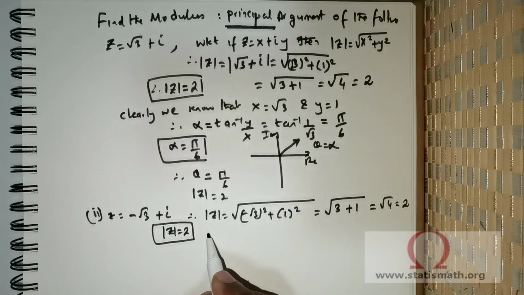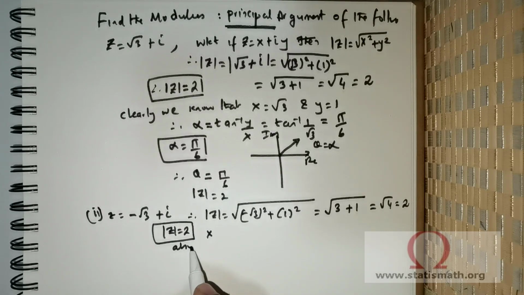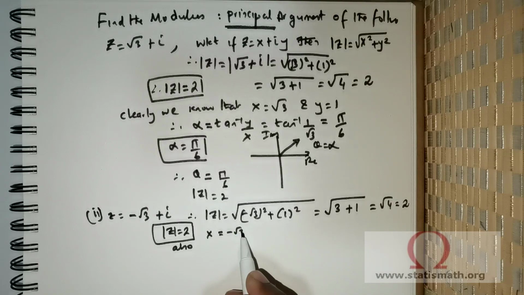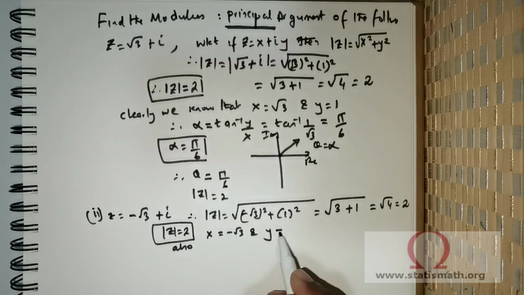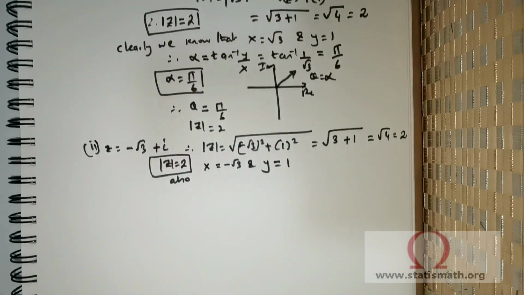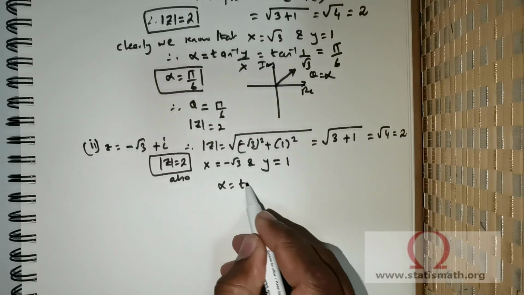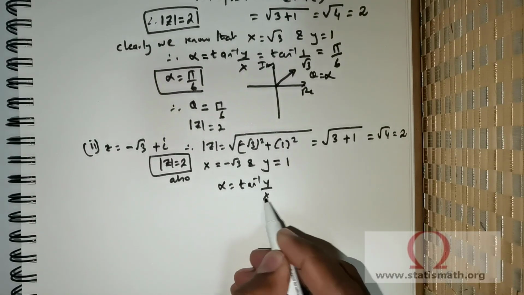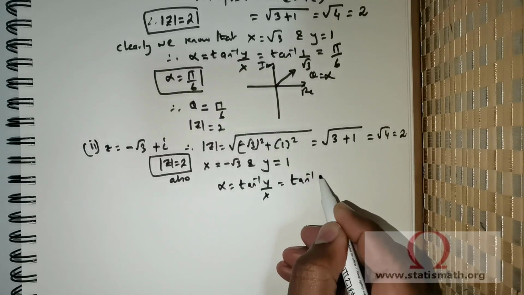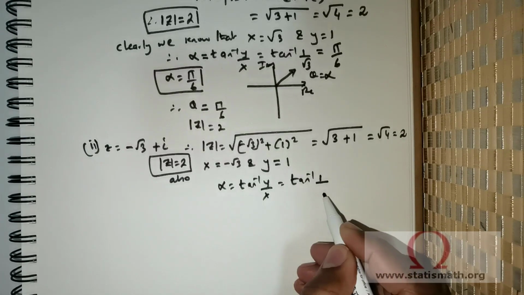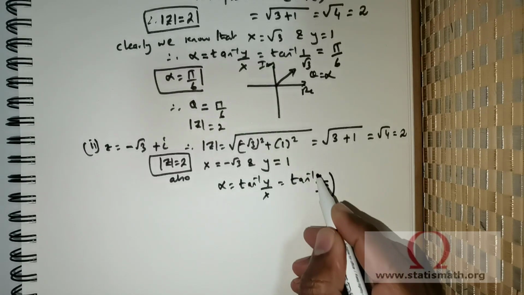Now clearly we also see that, you can write it down here, x is equal to negative root 3 and we have y to be equal to 1. So alpha is tan inverse of y over x, which is equal to tan inverse of, my y is 1 but my x is negative root of 3.